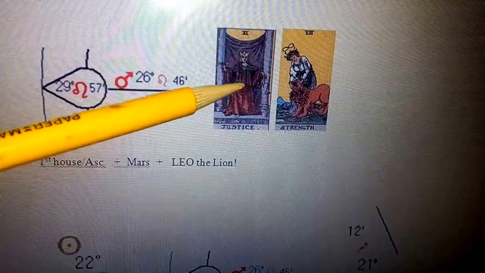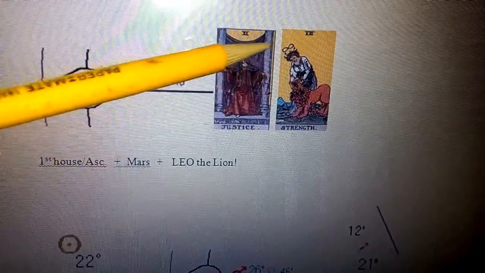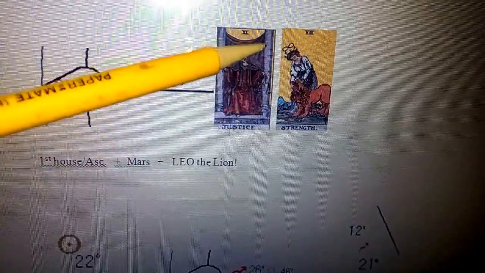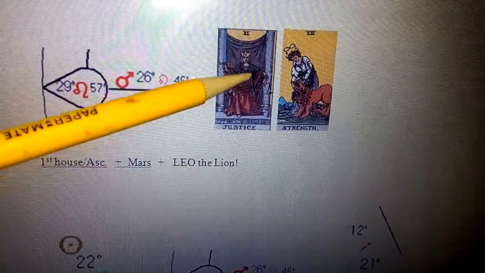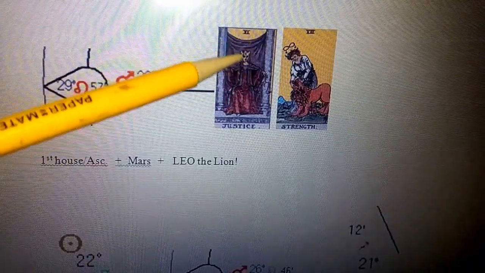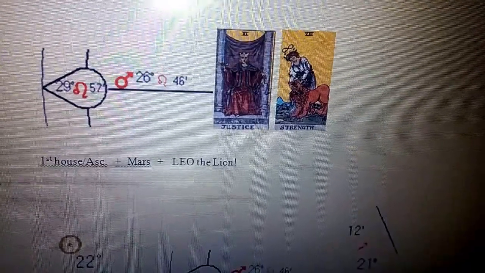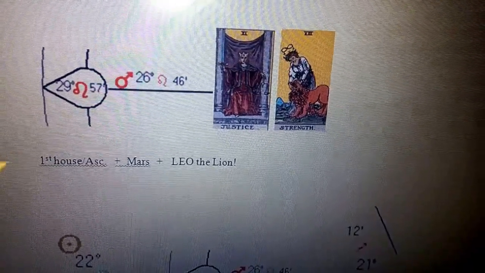So we have a double lion, a major lion influence. It means tame your ego and use your power wisely. This is justice. You walk on the right side of right and tame your ego. So that's something you can learn about.